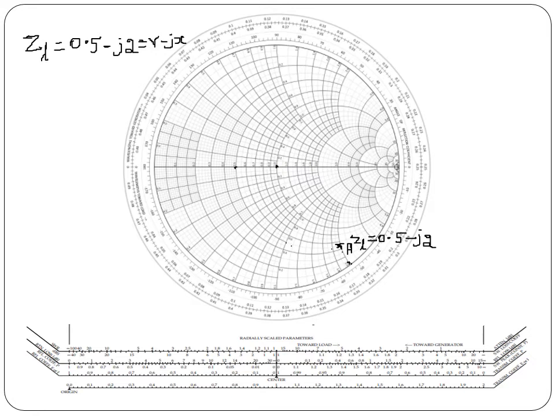O is always the center of the Smith chart. Now consider the OA radius and draw the VSWR circle.